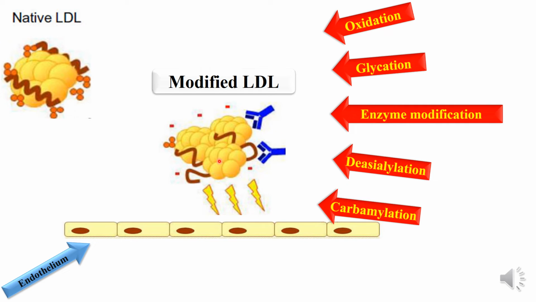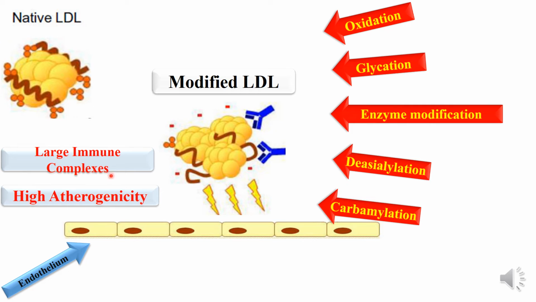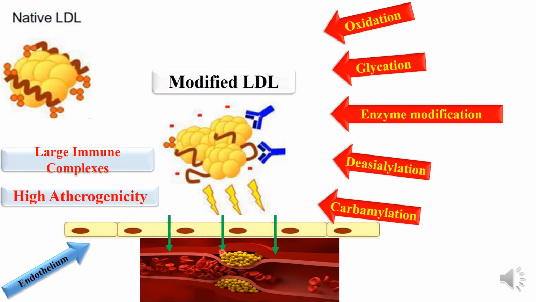So the immunoglobulins come and attach to this modified LDL, and this makes the modified LDL a large immune complex, and this large immune complex has high heterogeneity because it can easily cross the endothelial layer, and this is how the process of atherogenesis begins. So the modified LDLs are far more atherogenic compared to the native.